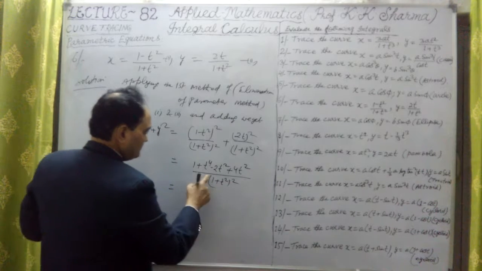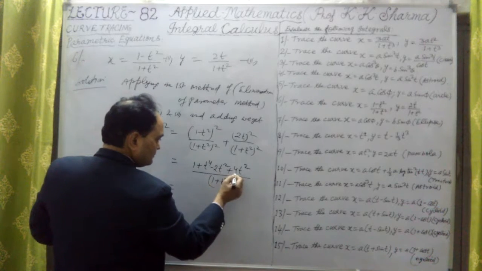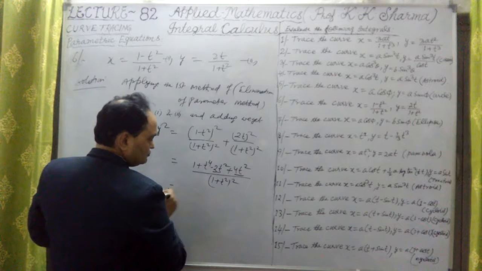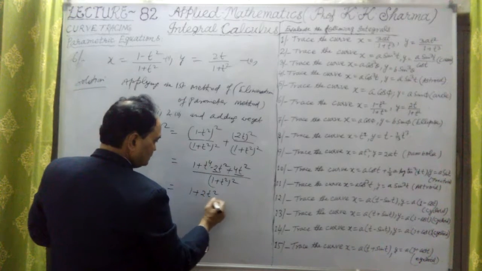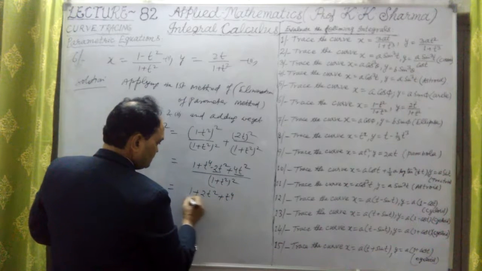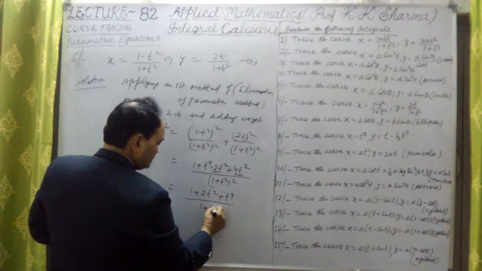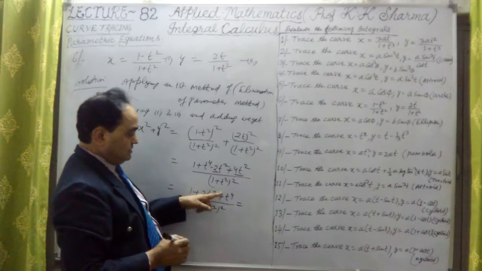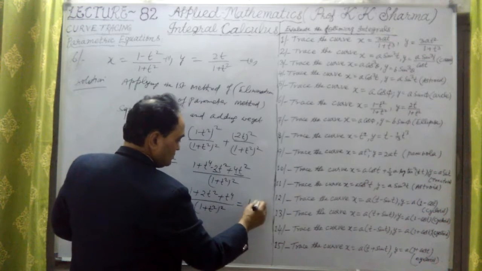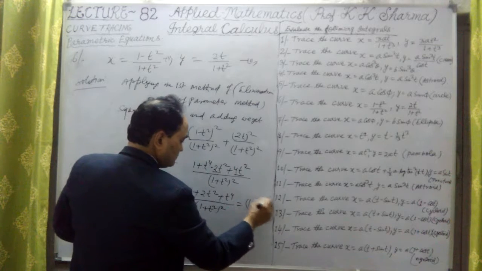So what we have obtained? In the numerator we have obtained 4t square plus 1 minus 2t square plus t4, that is 1 plus 2t square plus t4, divided by (1 plus t square) whole square. Now in the numerator we have obtained nothing but (1 plus t square) whole square.